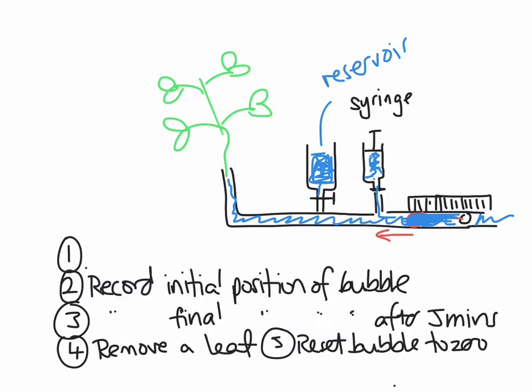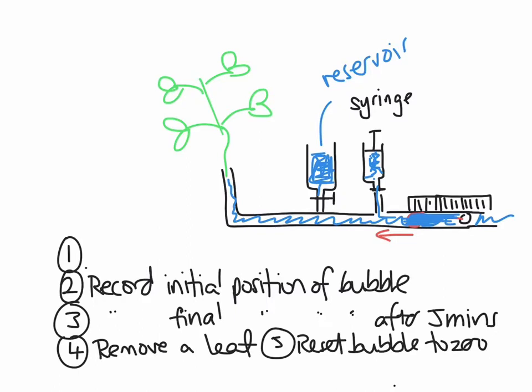And then you let it sit for a few minutes so the plant gets acclimatised, and then you would repeat steps 2 and 3: the initial position of the bubble, leave it for 5 minutes, record the final position, and then you would keep doing that with fewer and fewer leaves until you've got no leaves left. So that's how you would investigate the effect of leaf surface area on transpiration.